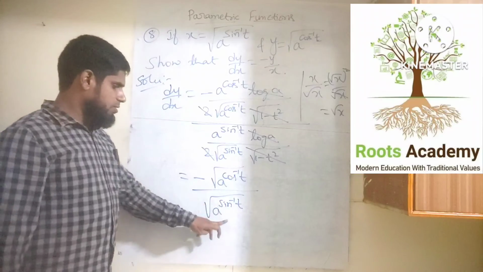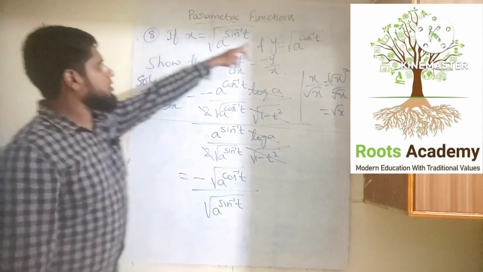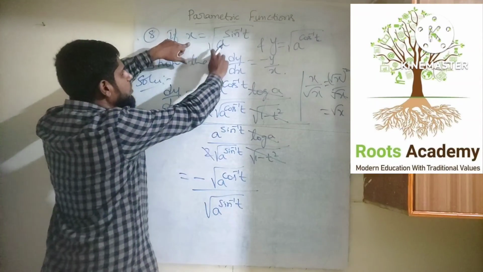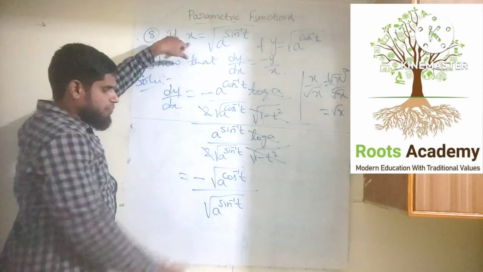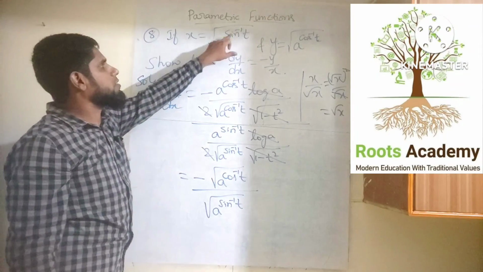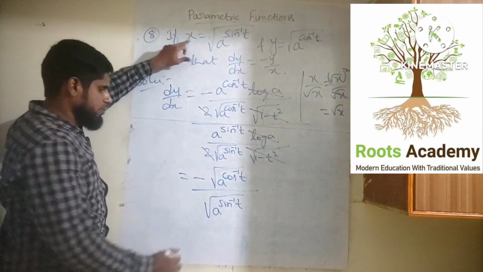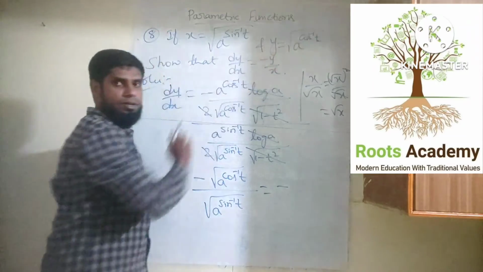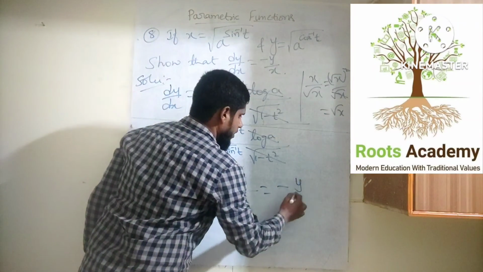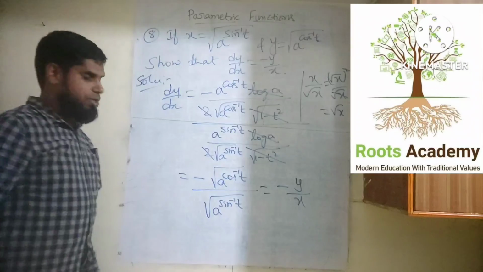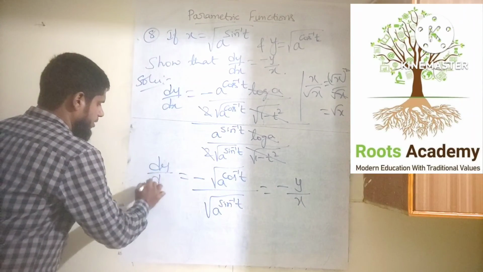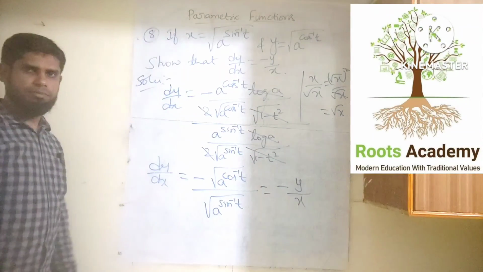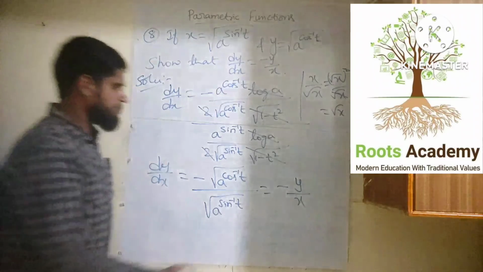Now if I check this in the question, the value of x is specified as root of a sin inverse t. So wherever I have root of a sin inverse t, and minus as it is, and wherever I have root of a cos inverse t, I can write y. So this is my y divided by x. So my final dy by dx is equal to minus y by x. So hence it is true.